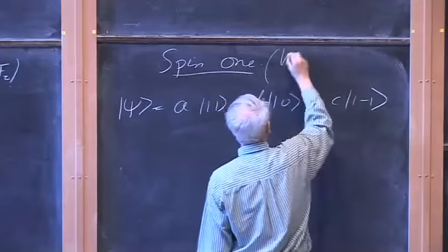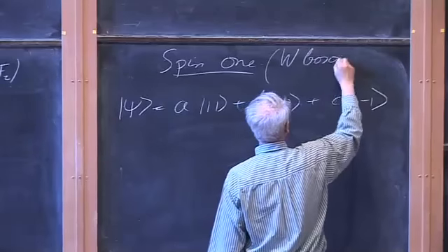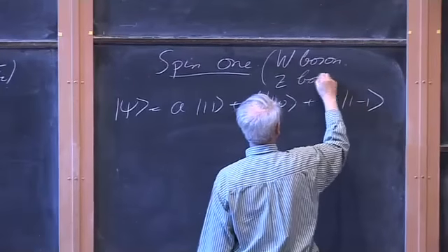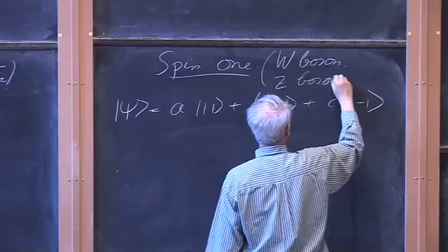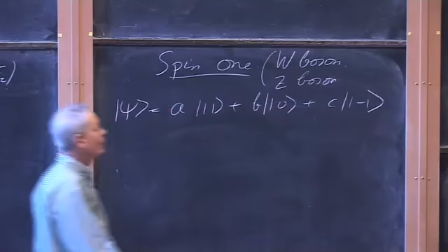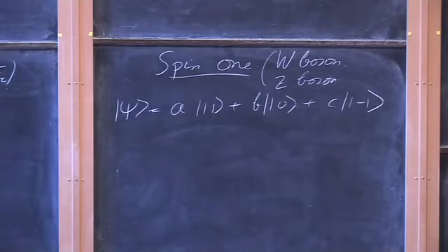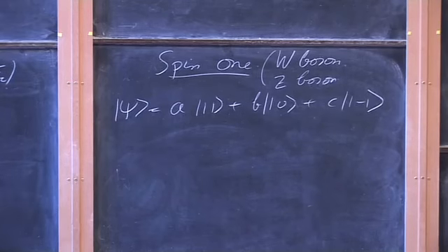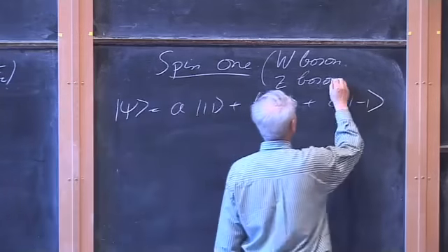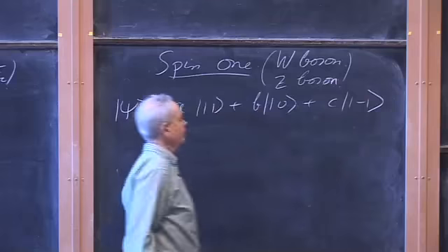For example, a W boson or a Z boson are particles with spin 1. Photons also have spin 1, but they have certain pathologies because they have 0 rest mass. So it's as well not to include them in this discussion.